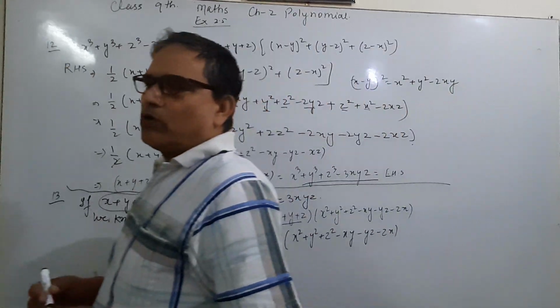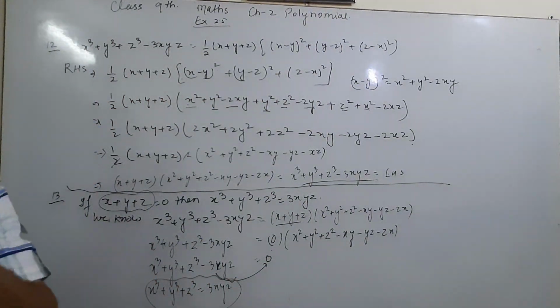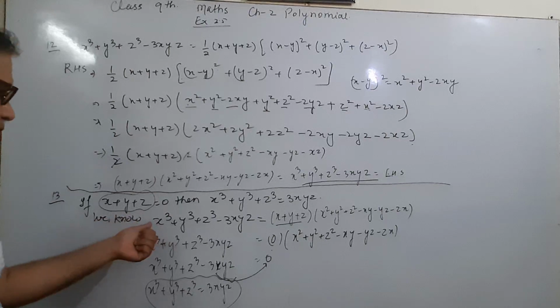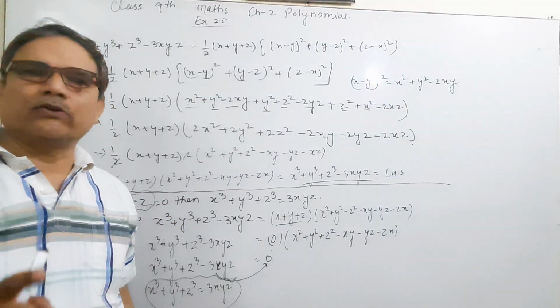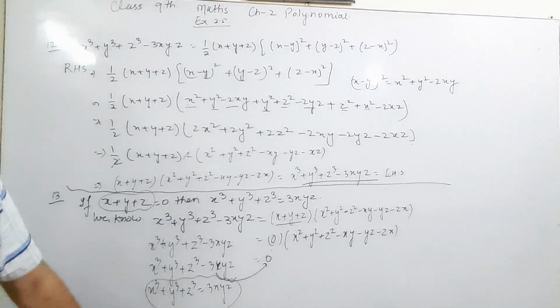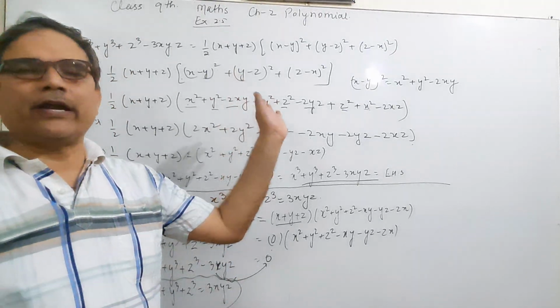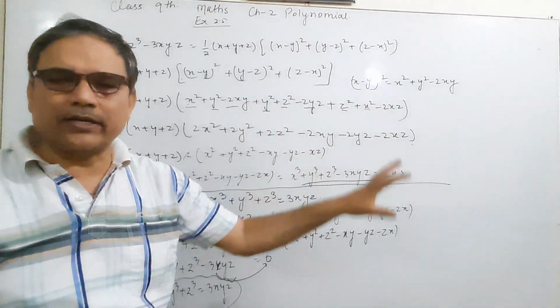What do we observe? We observe that when x plus y plus z is equal to 0, then x cube plus y cube plus z cube is always equal to 3xyz. And that question was already explained to you at the time of writing the identities.